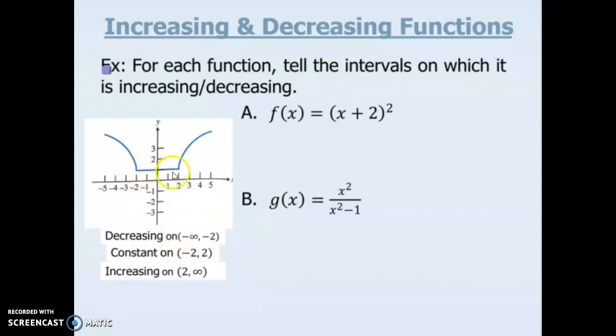Then from -2 to 2, it's neither increasing nor decreasing, so we would call that constant, and that's between -2 and 2. You can see again, you are using your interval notation for these. And then from 2 on to infinity, it is increasing. So I get to call that one increasing.